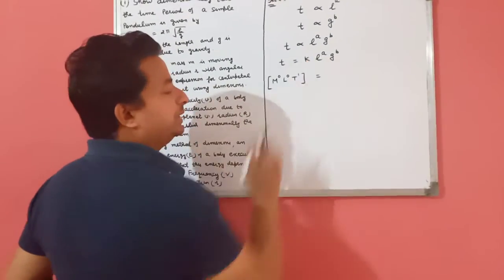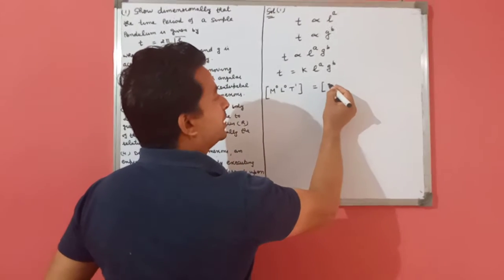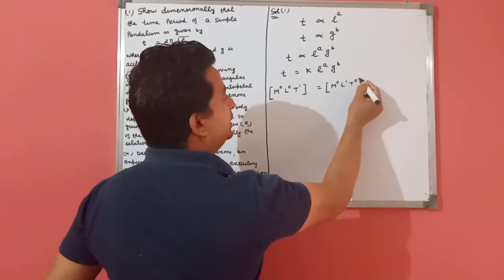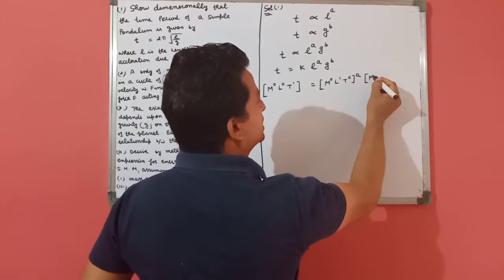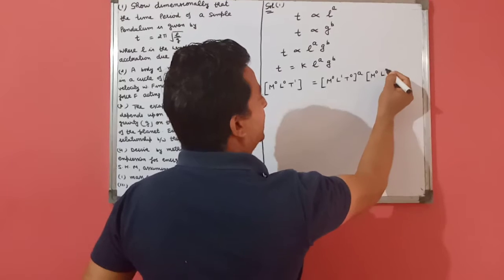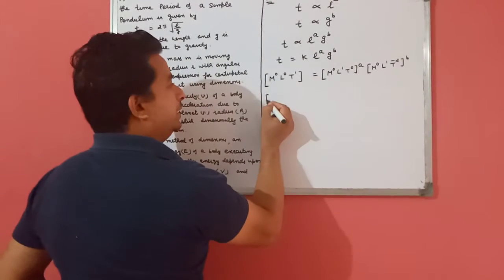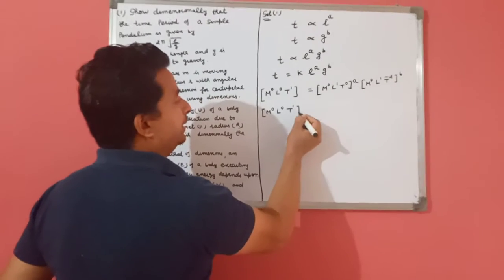K is a constant, it has no dimensional formula. The dimensional formula of length is M0 L1 T0, to the power a, and acceleration is M0 L1 T^-2, whole power b. M0 L0 T1.